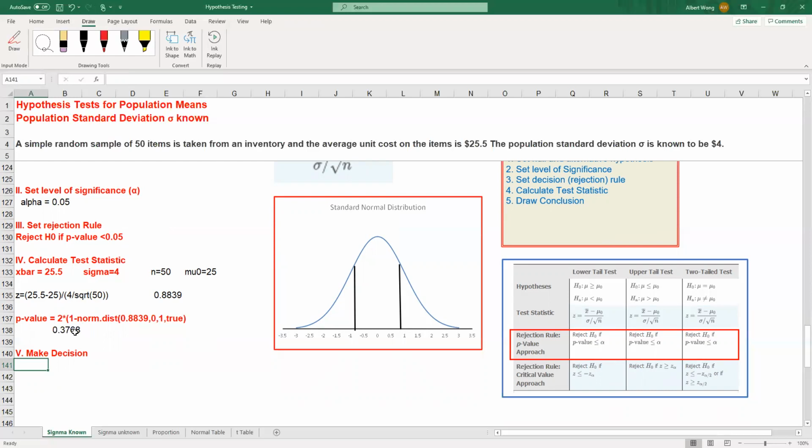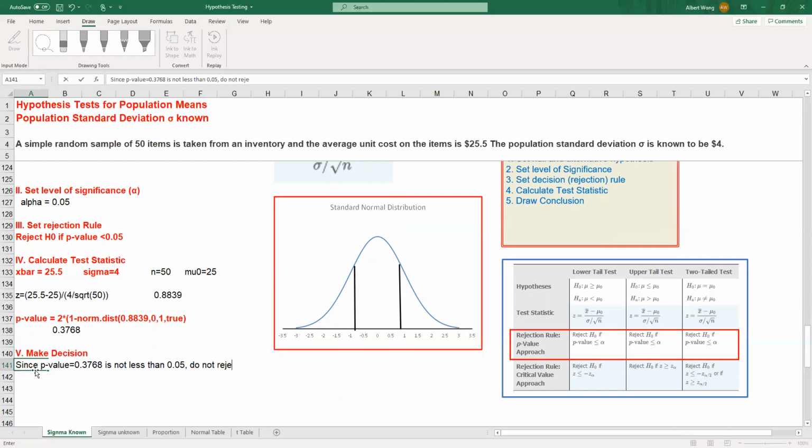And because this is not less than 0.05, we do not reject. So how do we write it? We say, since the p-value is equal to 0.37868, which is not less than 0.05, do not reject.